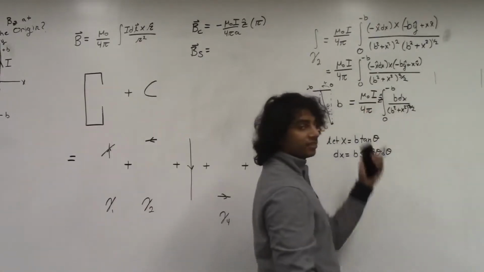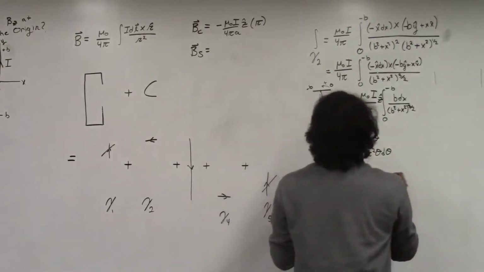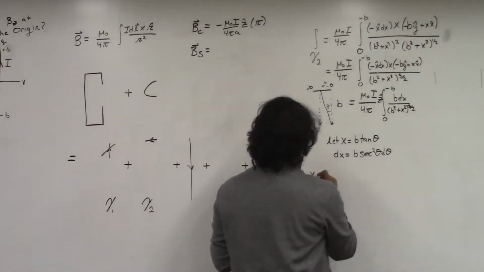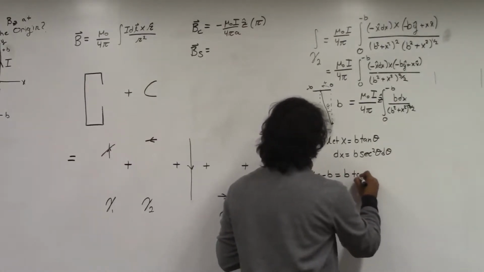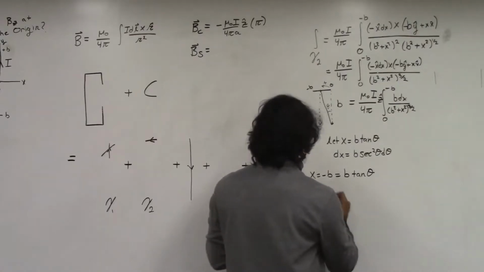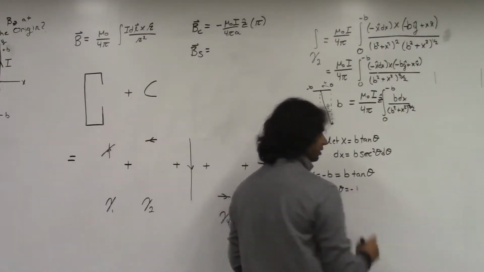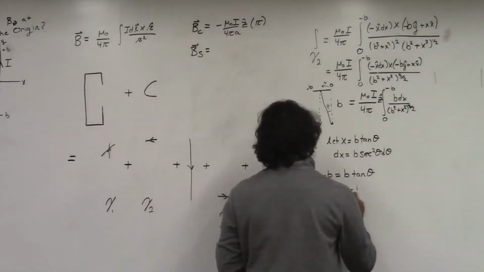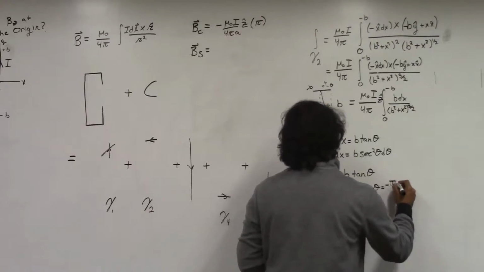However, the bounds I can also change. So when x is equal to minus b, we have to figure out what value of theta we now have. Well, b and b, those are the same things, and we have tangent of theta must equal minus 1, which is exactly when theta is equal to minus pi over 4.